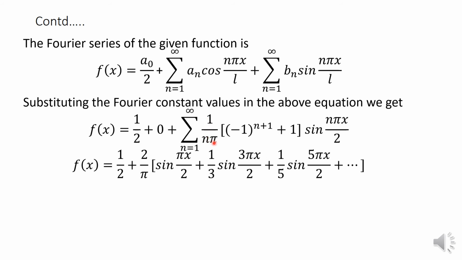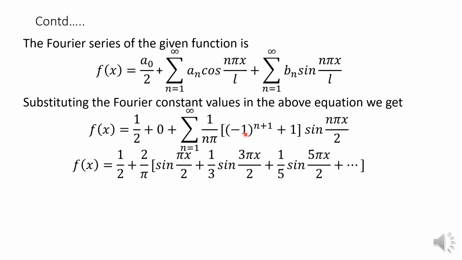If I put n is equal to 2, we get minus 1 power 3, minus 1 cube. But what is minus 1 cube? Minus 1 cube is minus 1. So minus 1 plus 1 gets cancelled. We get this entire term 0.